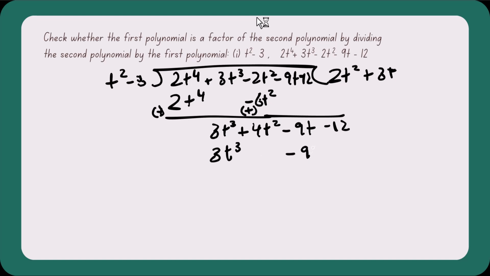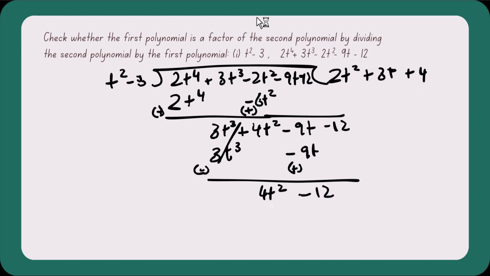Minus 9t. So the sign changes, this will come plus. Perfect. We'll subtract it. So once we subtract it, what do we get? This 3t and 3t cube will go, right? Then what is left? We have 4t square and we have minus 12. Now what do we multiply with? We can multiply with 4, right? So if I multiply with 4, what do I get?